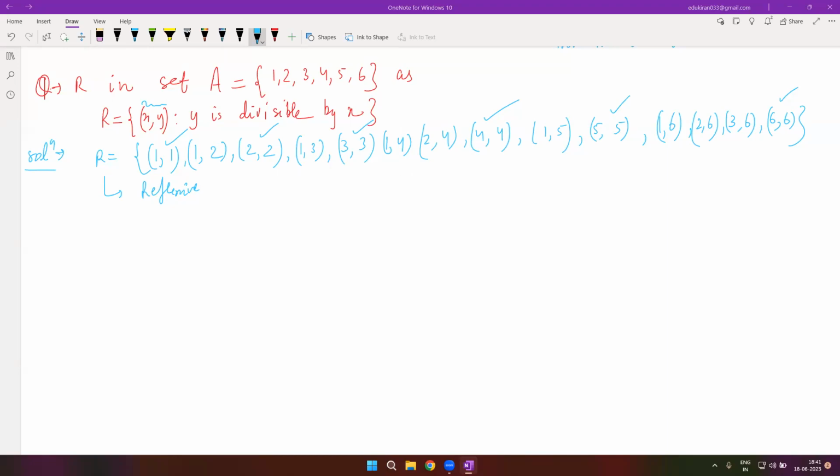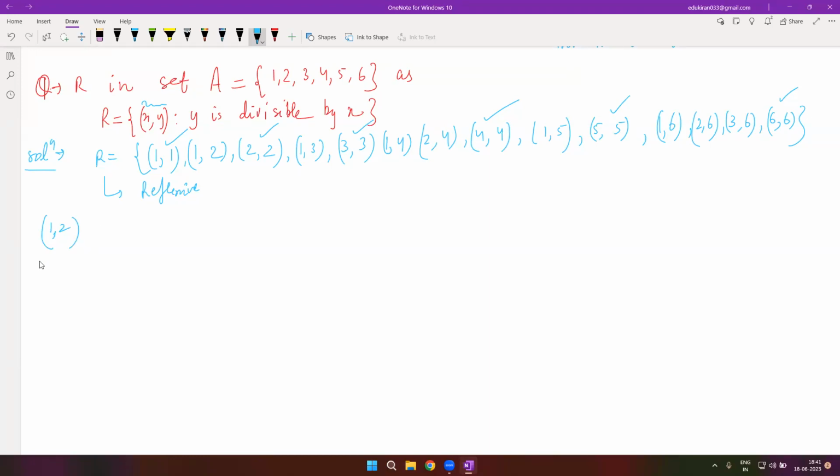Now, let's talk about transitivity. So if 1, 2 is there, then we will check, so how can we start doing it? We'll also learn a new perspective today, how to check this directly, right? For the same question, without forming the relation, how could I have checked whether the relation is reflexive, symmetric, or transitive?